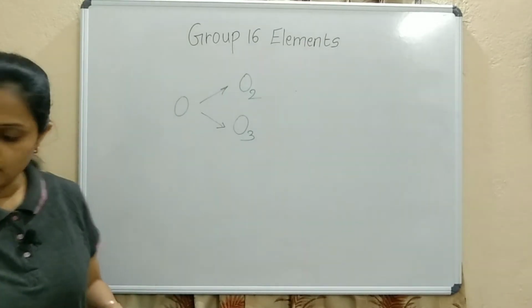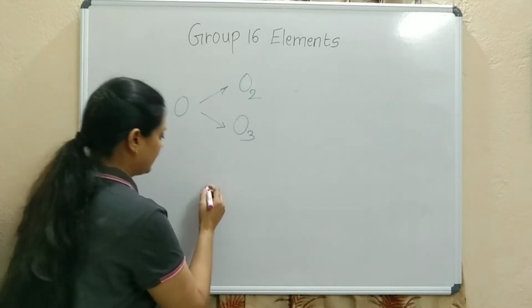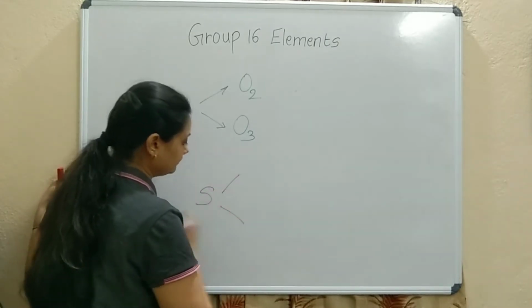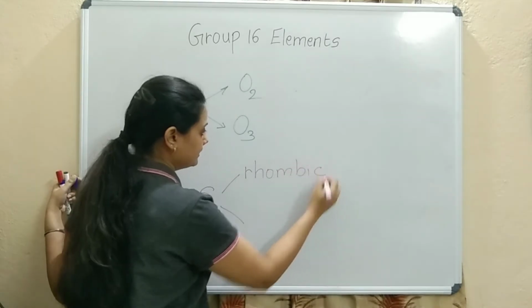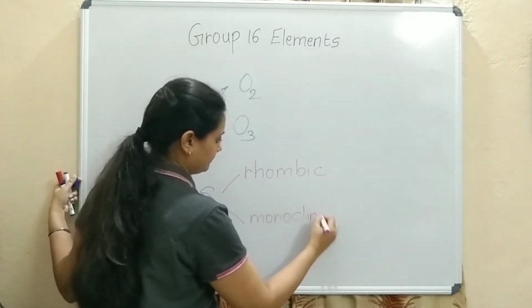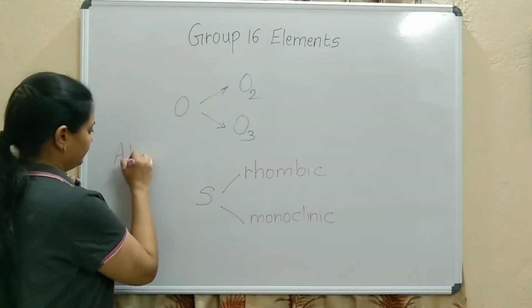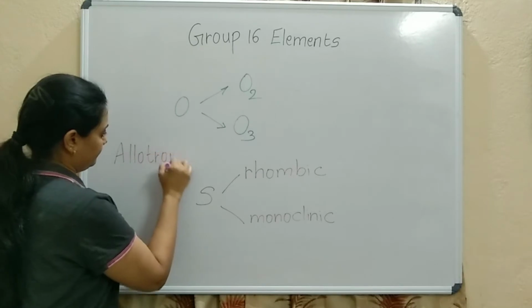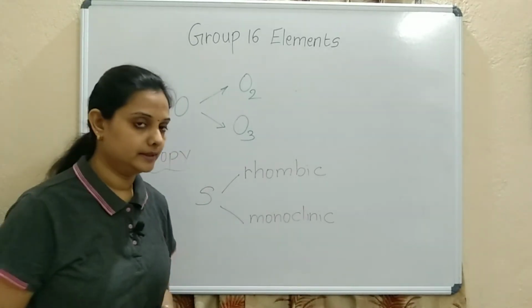There are two allotropic forms of oxygen. For sulfur there are two forms, that is rhombic and monoclinic. So this is about the allotropic forms of oxygen and sulfur.